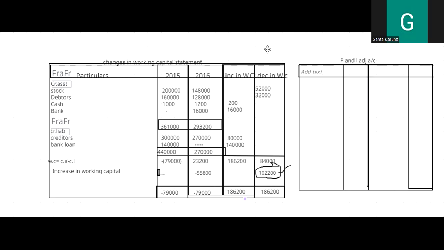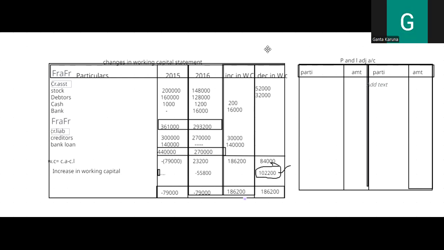Now, whatever P&L account I'm preparing, I'm preparing it from my balance sheet. You all know that whenever I prepare from the balance sheet, I see whether it is a part of assets or liabilities. Here I'm going with my P&L, which is a part of liabilities. So that's why my opening balance will be on the side as balance carried down.